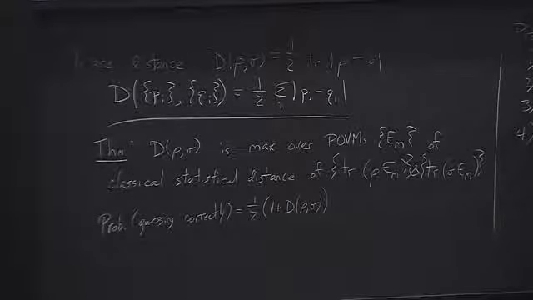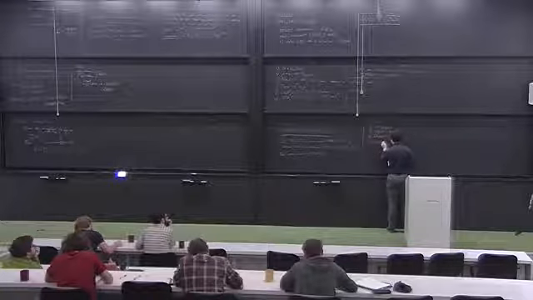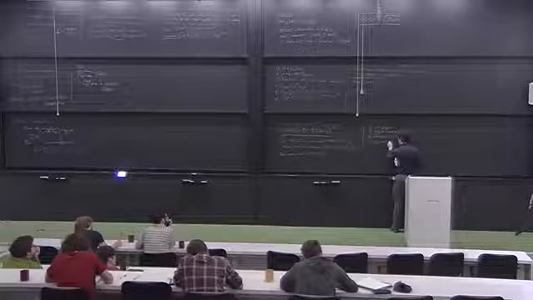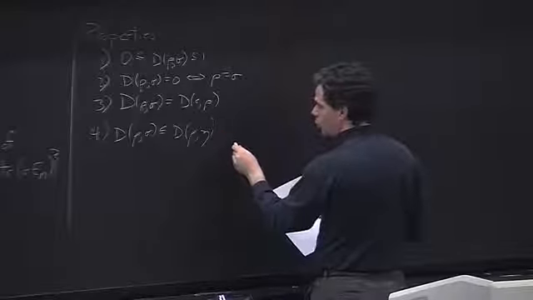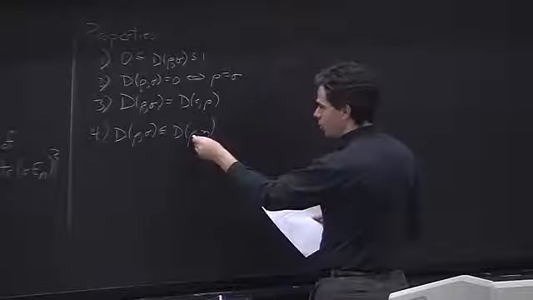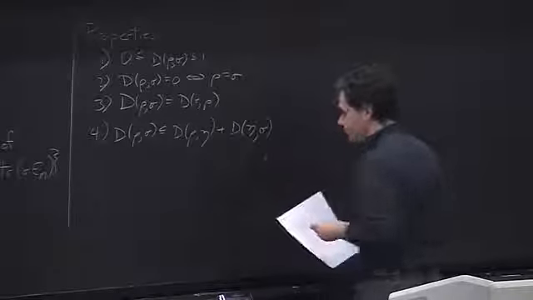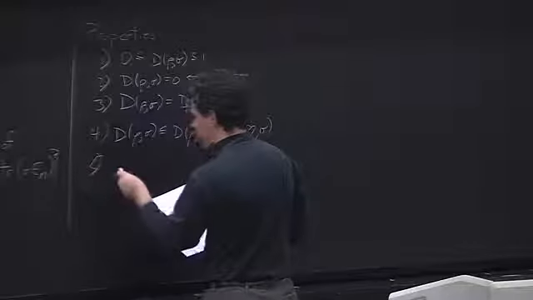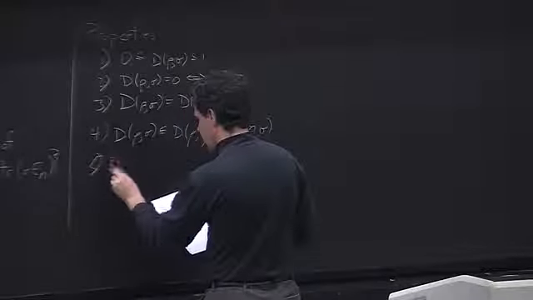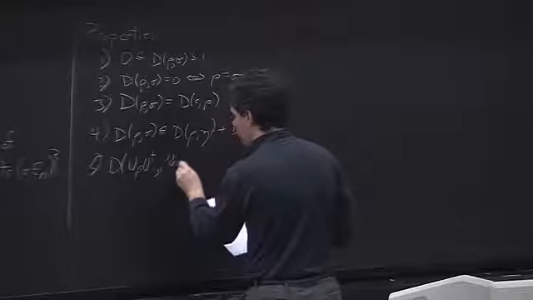So the trace distance satisfies the triangle inequality, which makes it an actual distance measure. So if we have some third density matrix eta, then the distance between rho and sigma is less than or equal to the distance between rho and eta plus the distance between eta and sigma. And then, of course, this thing is unitarily invariant.